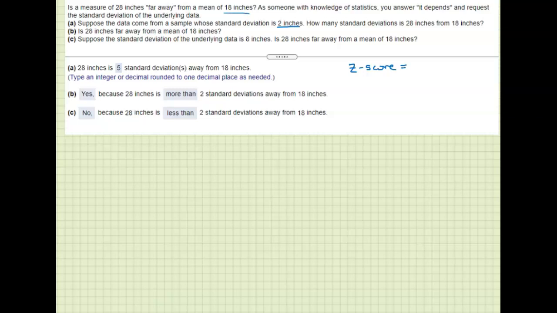So you take your data point x minus the mean, divided by the standard deviation. We have a score of 28, which we're comparing to the mean of 18, and you divide by a standard deviation of 2. So we get 10 over 2, which is equal to 5.